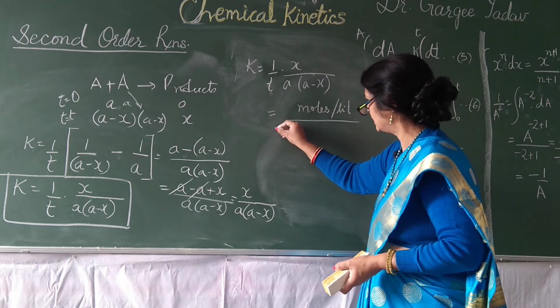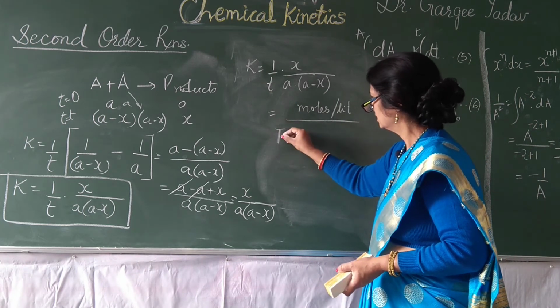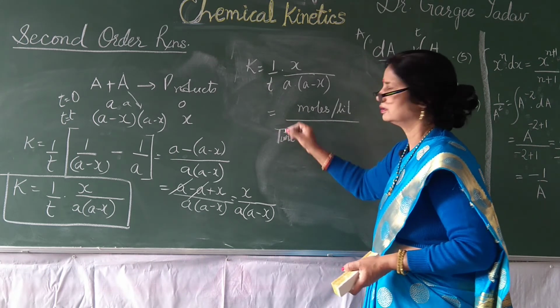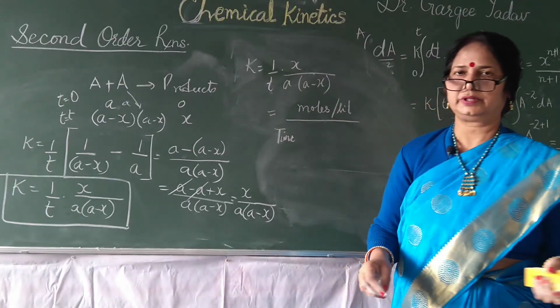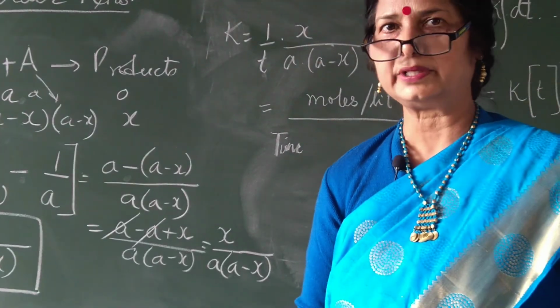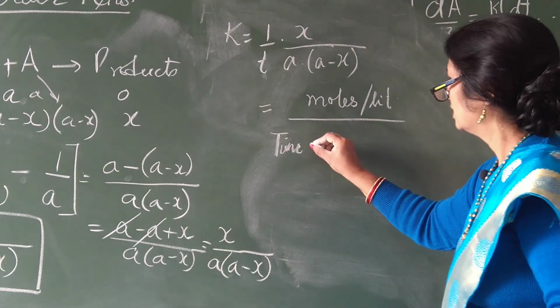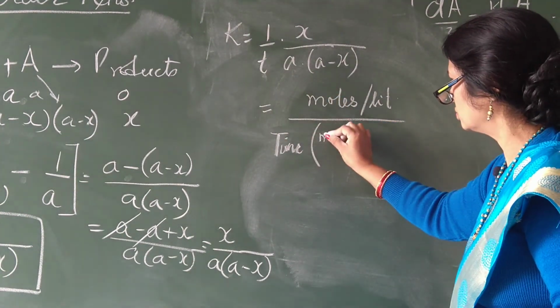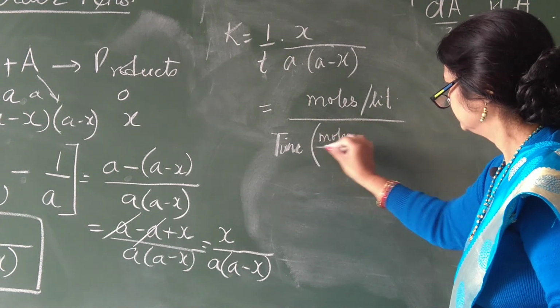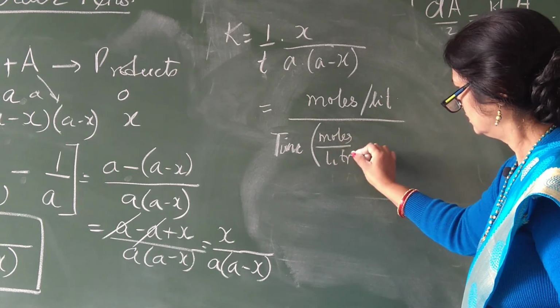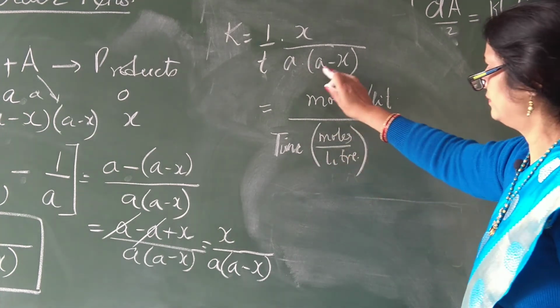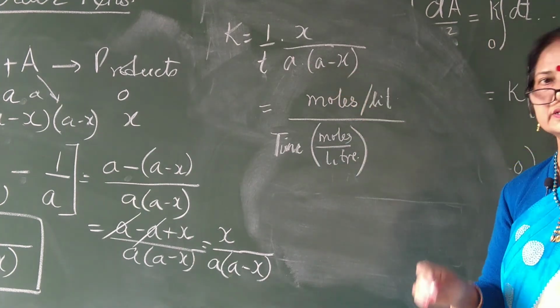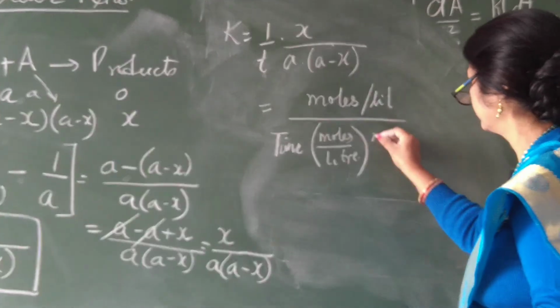Time may be in seconds, minutes, or hours, multiplied by, again, a, which is concentration, moles per liter. And here we have a minus x, again in moles per liter.